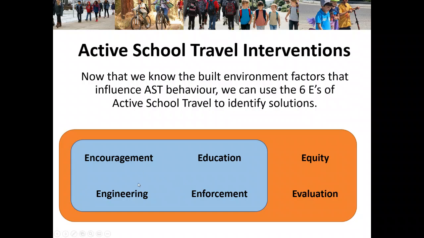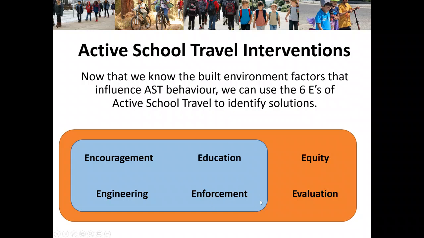And then we start looking at engineering solutions because there are some things that we still need to fix about our environment. Enforcement, and I know Ontario Active School Travel has actually removed enforcement from their school travel planning work. Across the province, we're obviously seeing police services being removed from school travel planning efforts due to equity issues.